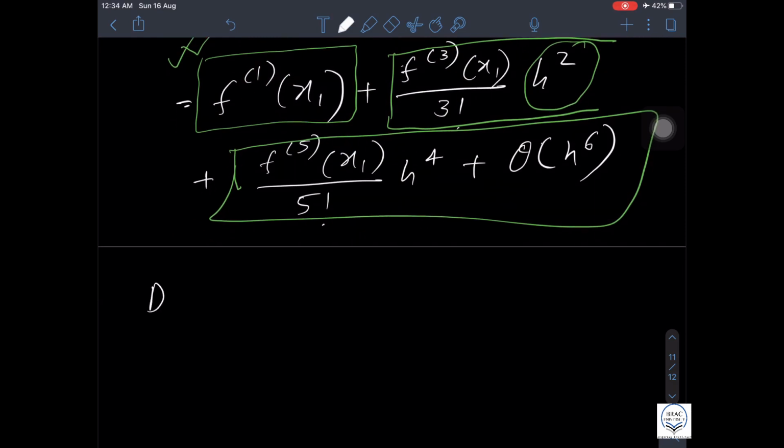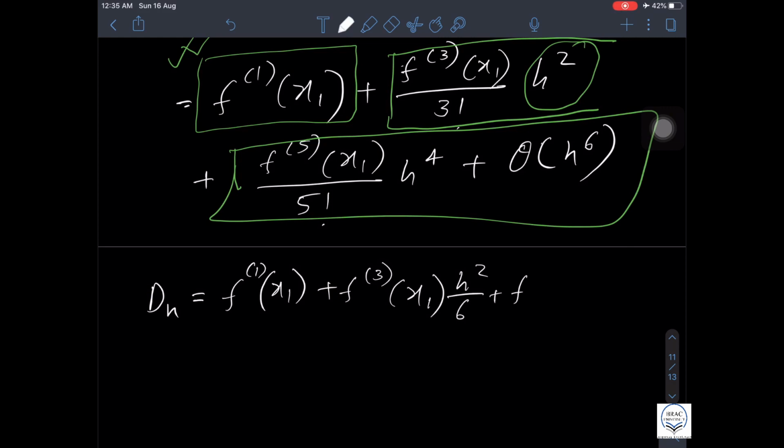We showed that this formula dh is equal to f prime of x1 plus f3 of x1 h square by 6, which is 3 factorial, plus f5 of x1 by 5 factorial h to the power 4 plus order h6.